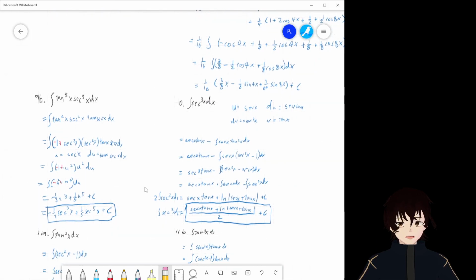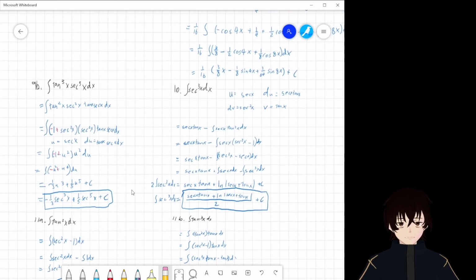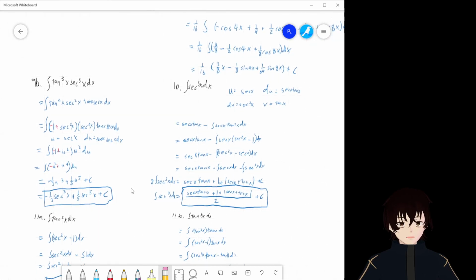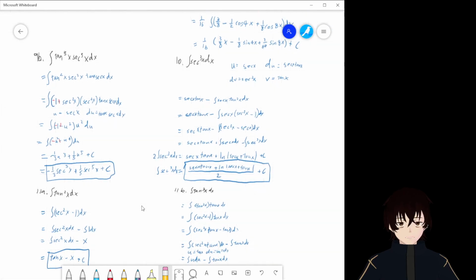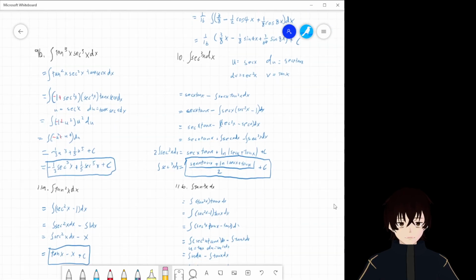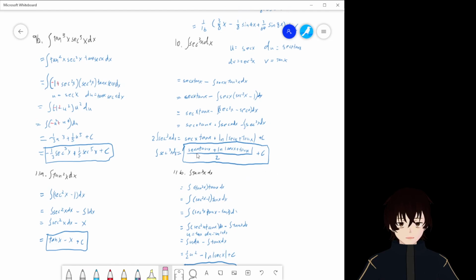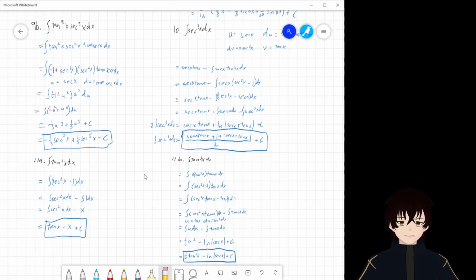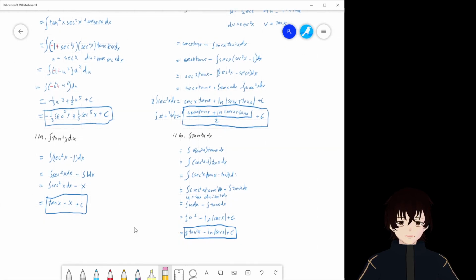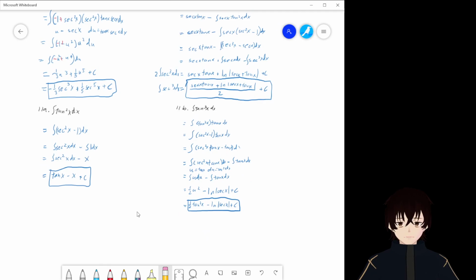Tangent secant, both odd power, we take out 1 pair of tangent secants. Secant even power, we just do substitution. But I also remember that we should basically just memorize the integral of secant cubed. And I think I have it memorized. And we have tangent squared, then we turn that into secant squared.